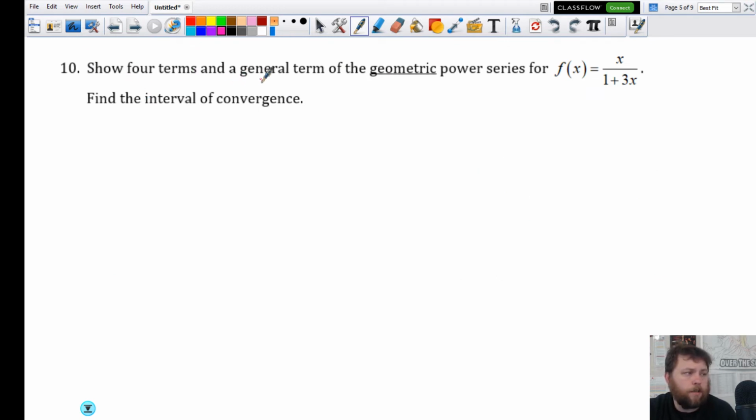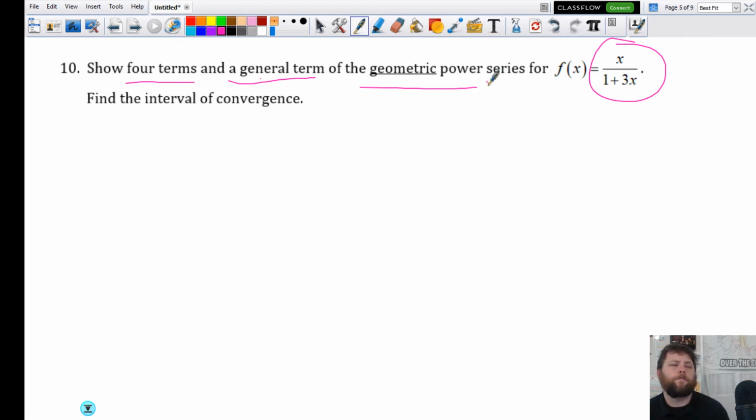Show 4 terms and the general term of the geometric power series for this. Can I use a formula? I can. Oh man, you might be like, what do you do in this case? Well, this is a tricky one.